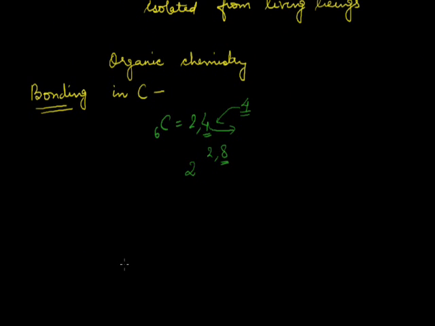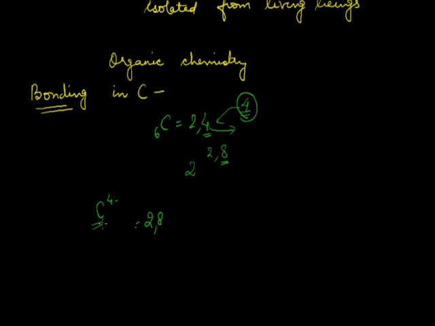Then it will convert into a C4 minus ion, an anion, right? But it would be difficult for the nucleus with 6 protons to hold on to 10 electrons, and that is why the C4 minus anion would not be stable. 4 electrons are being added to the valence shell, so the configuration becomes 2, 8.